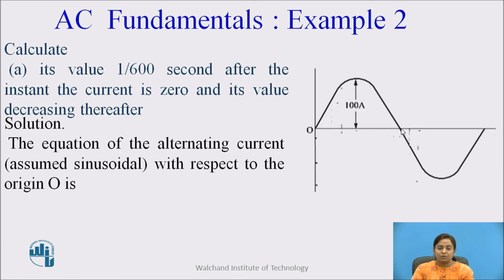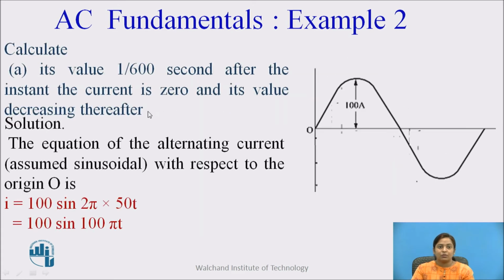Okay, so here this is the sinusoidal quantity. The value becomes 0 and decreasing thereafter, meaning after this point. Take the 0 reference point as O. So at this point we can write the equation I is equal to 100 sine 2 pi into 50 t. Okay, so I is equal to 100 sine 100 pi t.